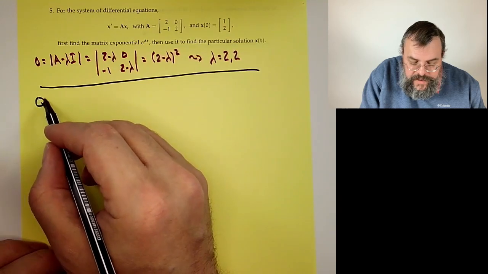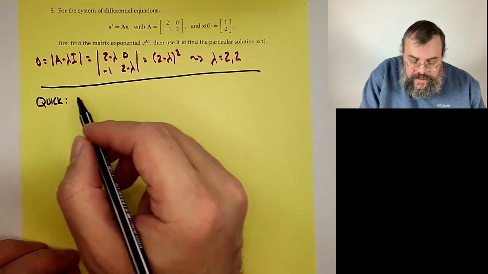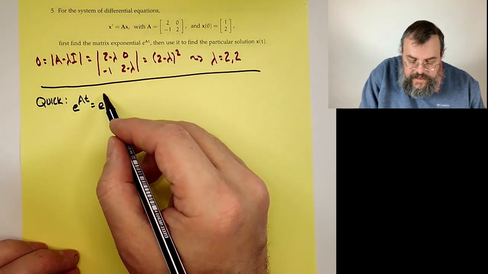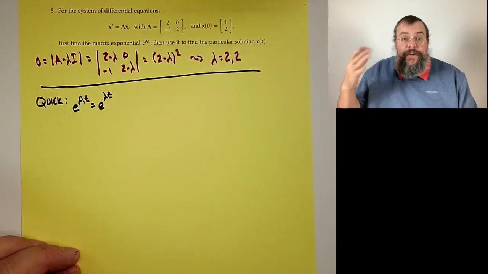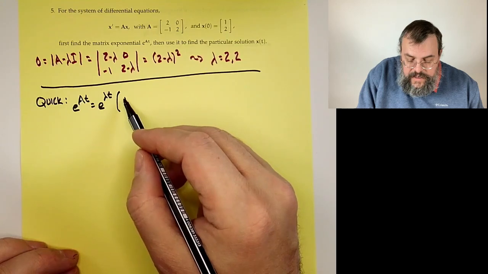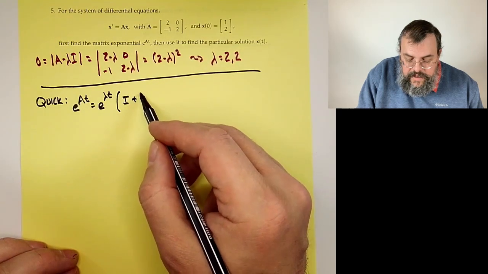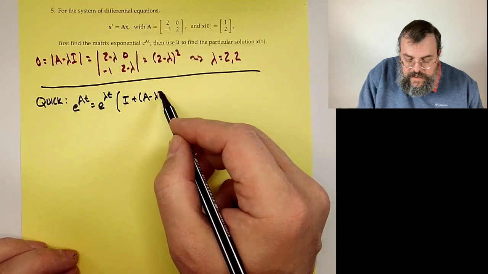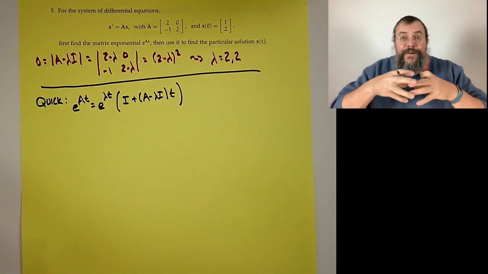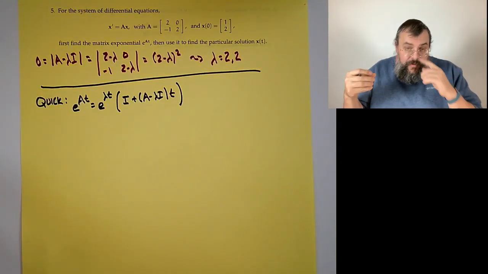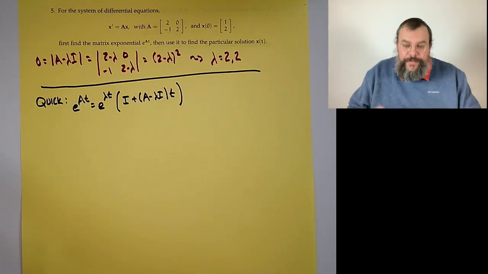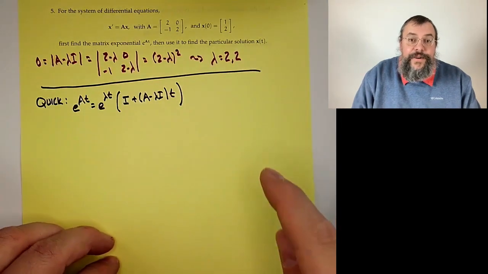Once we know we're in repeated eigenvalues, we say e to the At is equal to e to that eigenvalue times t, times the identity matrix, plus A minus lambda I times t. Essentially, we're taking the expansion for e to the At and contracting it, because the next terms are all 0.